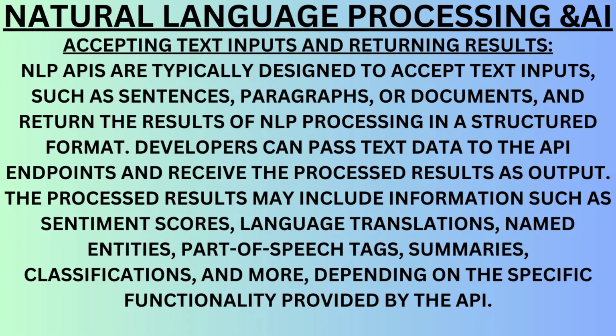Developers can pass text data to the API endpoints and receive the processed results as output. The processed results may include information such as sentiment scores, language translations, named entities, part of speech tags, summaries, classifications, and more, depending on the specific functionality provided by the API.